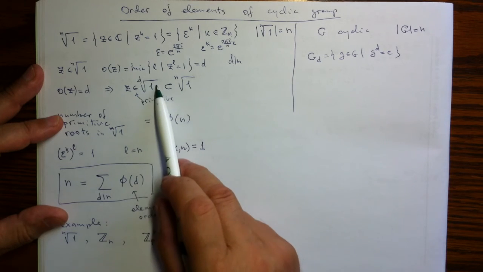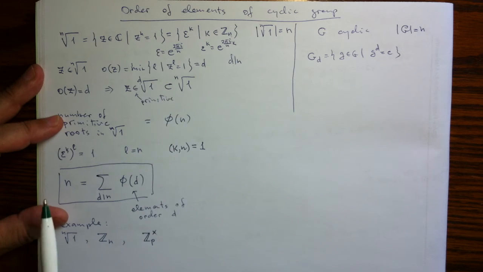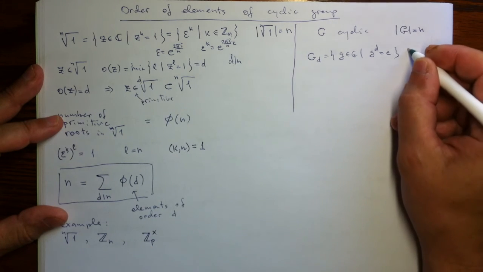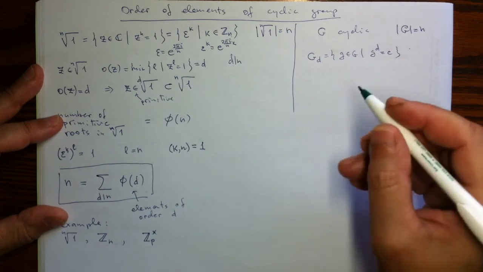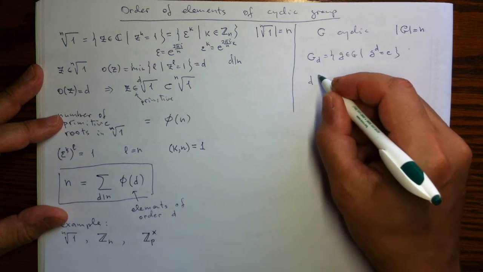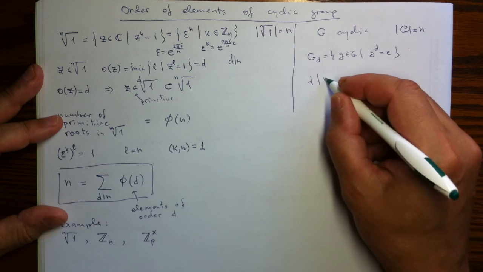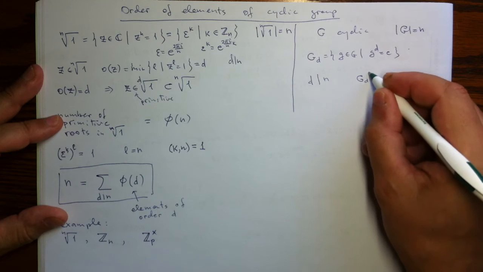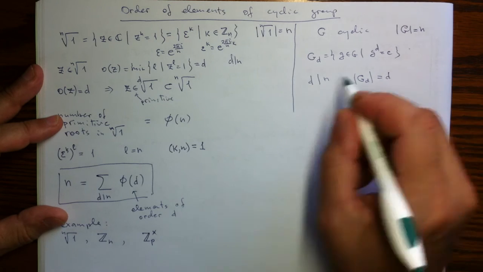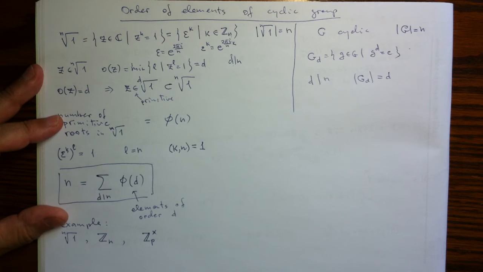So that will be the analog of degree d roots inside degree n roots. So that is a subgroup in G, and that is a cyclic subgroup, and if d is a divisor, the number of elements is just d. So that's what we saw here.